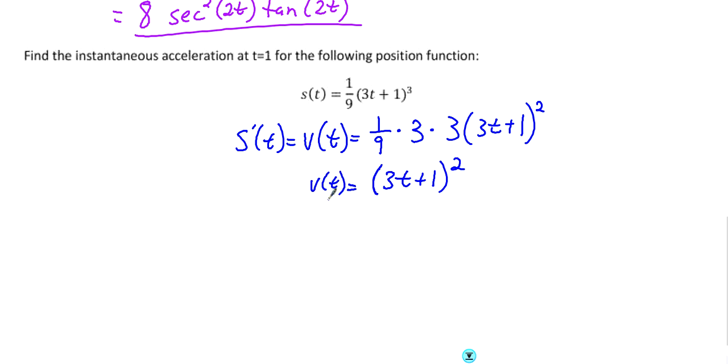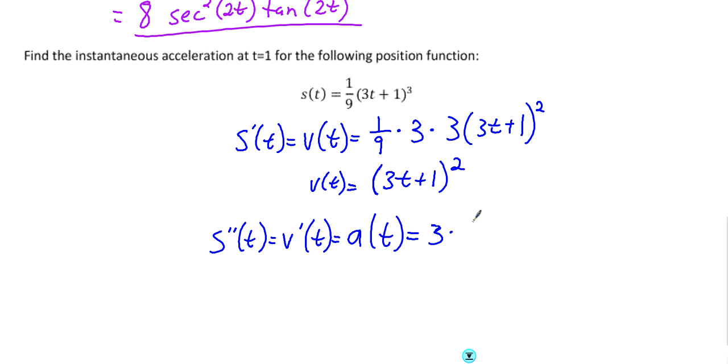But I need acceleration. So s double prime of t, which is the derivative of velocity, which is acceleration. So we are taking the derivative twice. Okay, so derivative of this, again, we're doing chain rule. Derivative of the inside is 3 times the derivative of the outside.